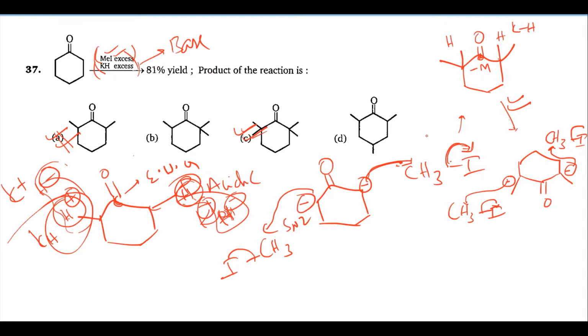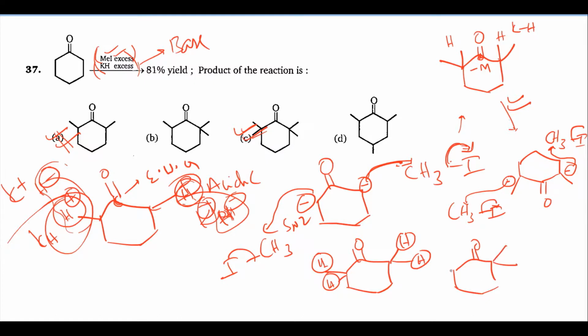I explained it here. Once again briefly I will explain. This is double bond O. There are two hydrogens here and two hydrogens here. These four hydrogens are replaced by the base, and after that there will be an SN2 reaction, then you are going to get this one. Okay, this is question number 37.